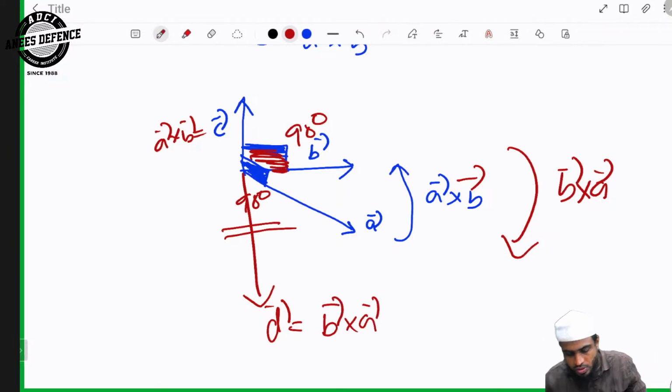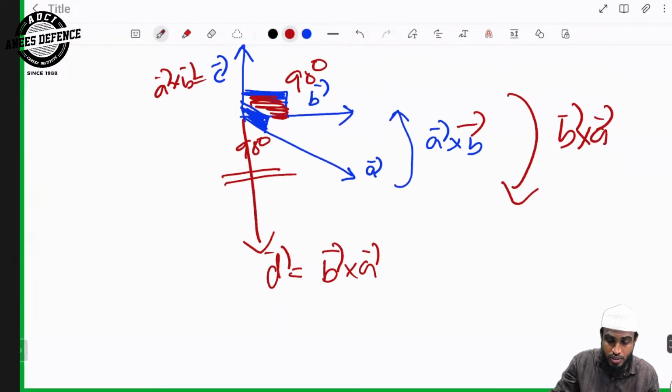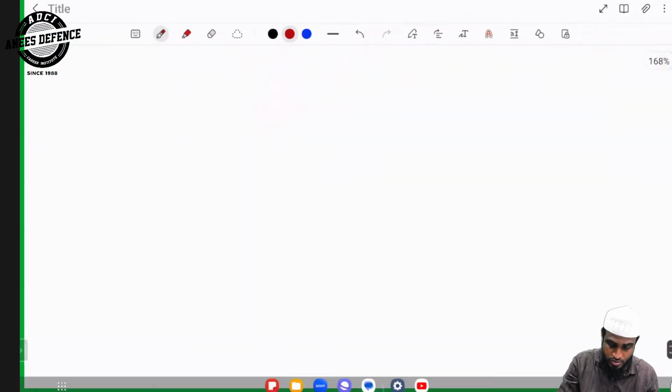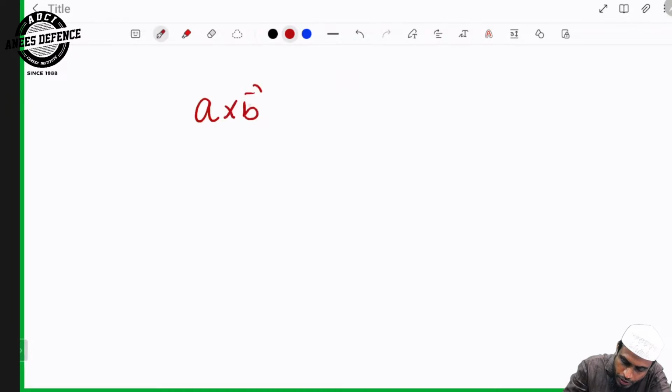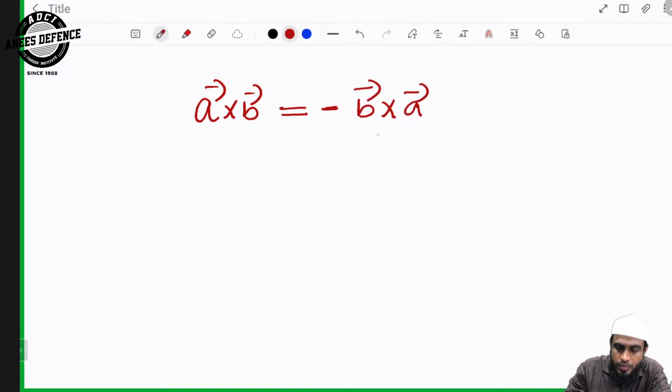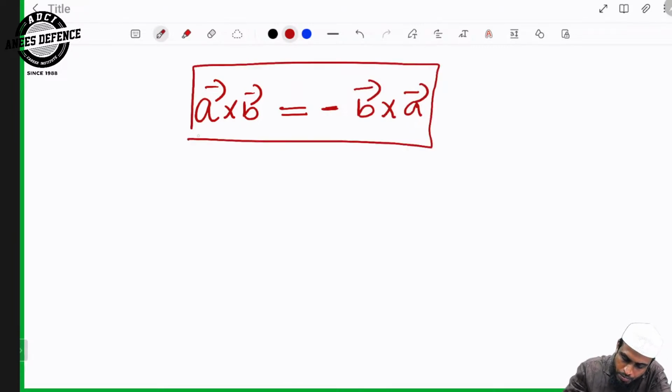A cross B is always opposite to B cross A. So you cannot say that A cross B equal to B cross A. But you can say that A cross B is the negative of B cross A. A cross B is equal to minus B cross A. This is a valid statement. But A cross B is not equal to B cross A.